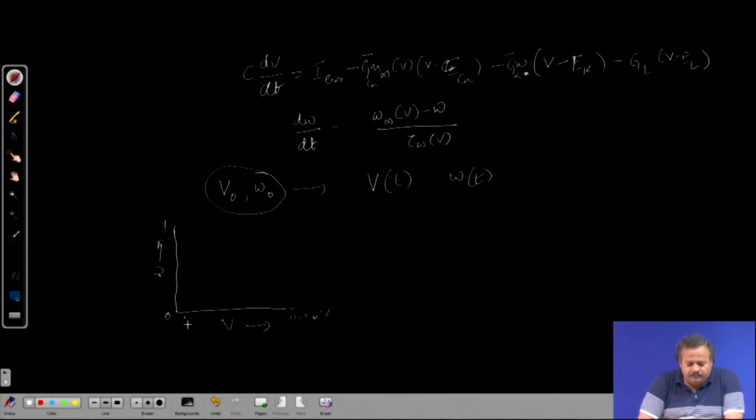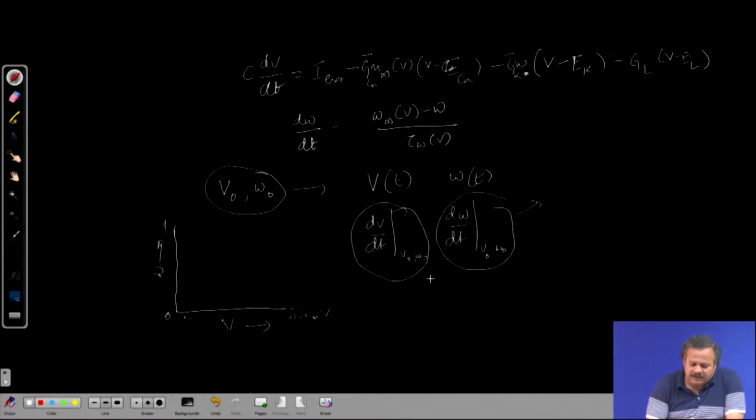And what essentially we said is that dV/dt at a particular point, let us say V0, W0, and dW/dt at that same point V0, W0 represent the rate at which each of the state variables is changing with time at that location.